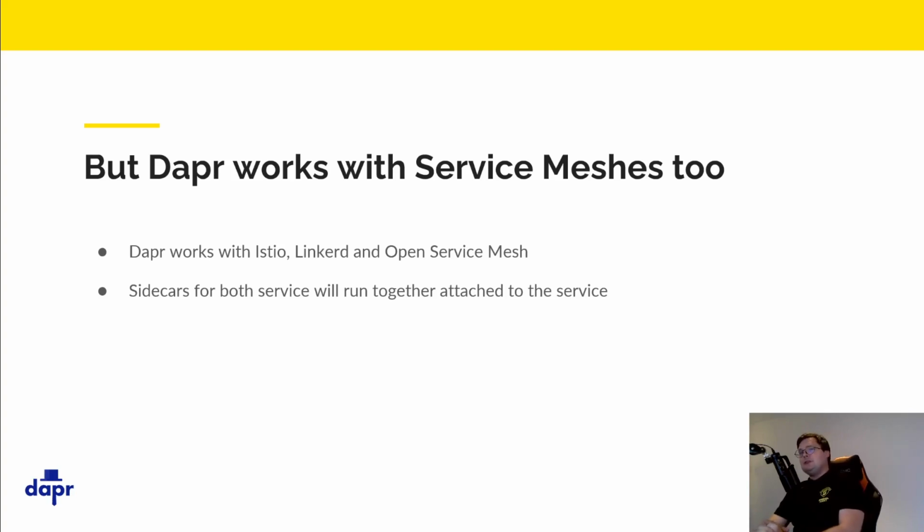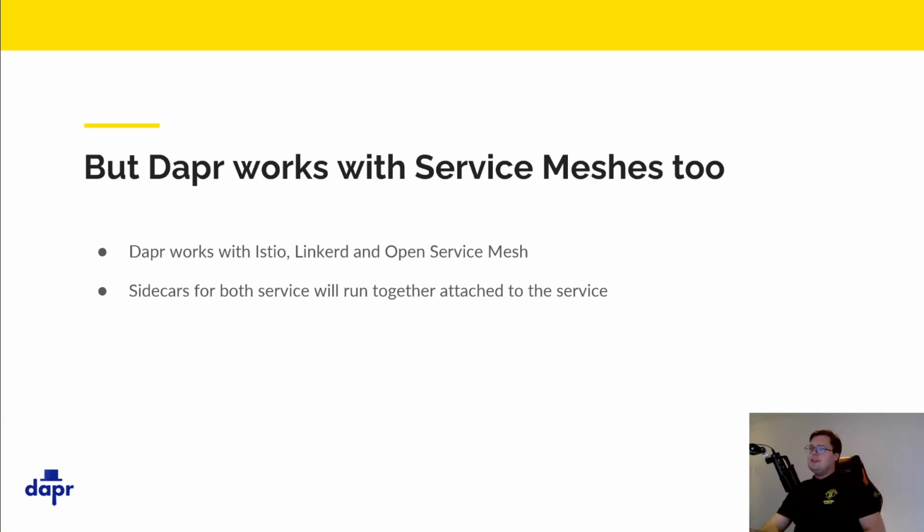But if you want to, you could use Dapr with a whole variety of service meshes. It works well, and it's tested with most of the industry standard ones like Istio, Linkerd, and Open Service Mesh. And since Dapr works from the same sidecar principle as all those other services, you'll basically have more than one for your microservice.